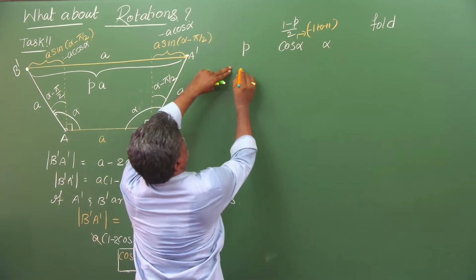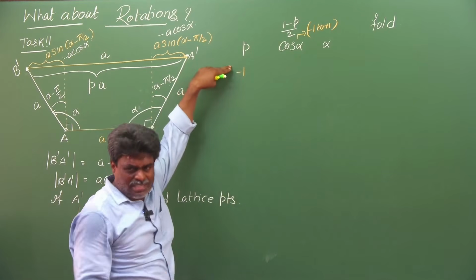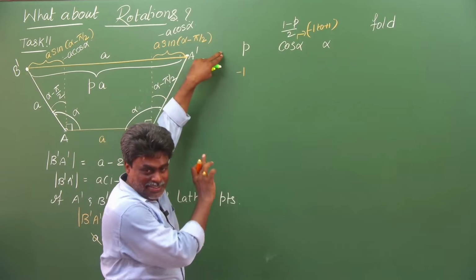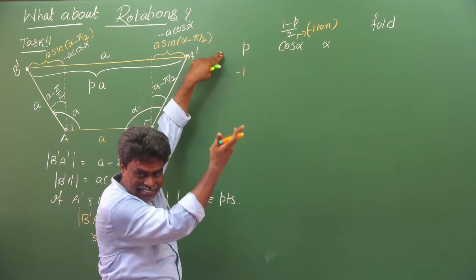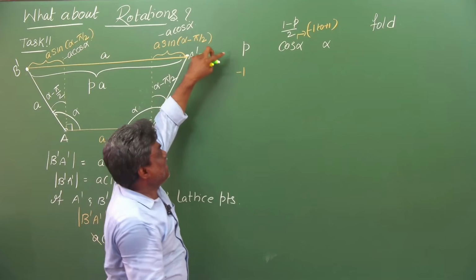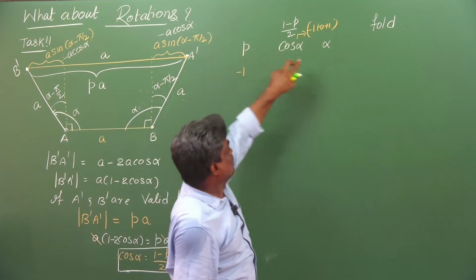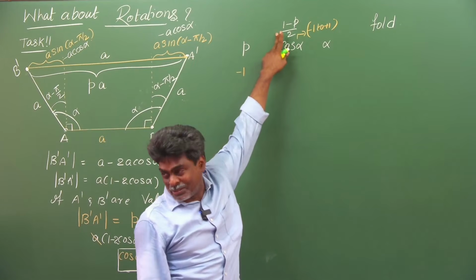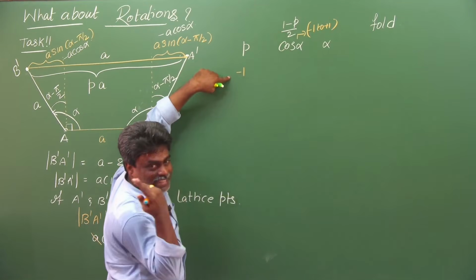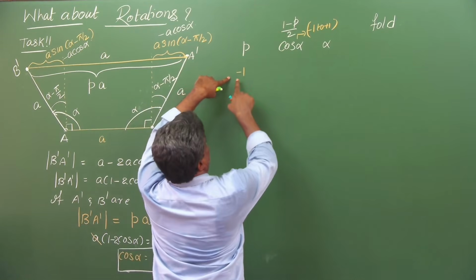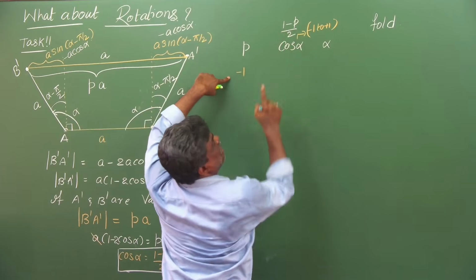Now I am taking P as minus 1. I have taken minus 1 because I know that. You can try minus 2 also. It is not valid. Check. If I take P equal to minus 2, 1 minus of minus 2 by 2 is 3 by 2. Is it valid? That's why directly I have taken minus 1.